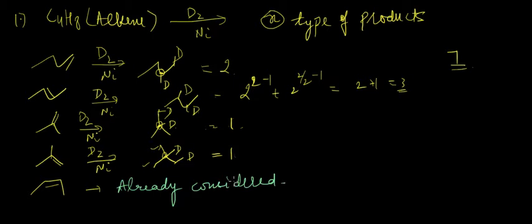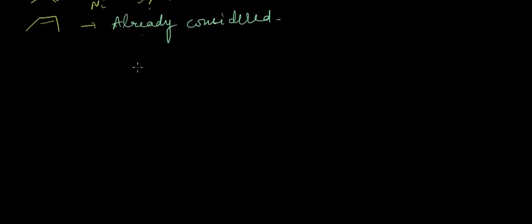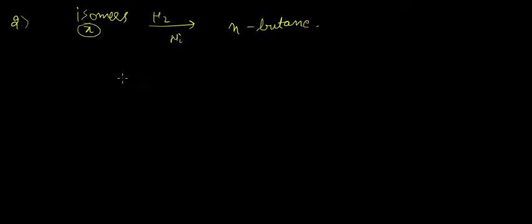Now the question is a little reverse and a little tricky. So let me come to this question. We have X number of isomers that react with H2 over a surface of Ni to give n-butane. How many isomers can there be? This is an alkene, which is a hint given to you.